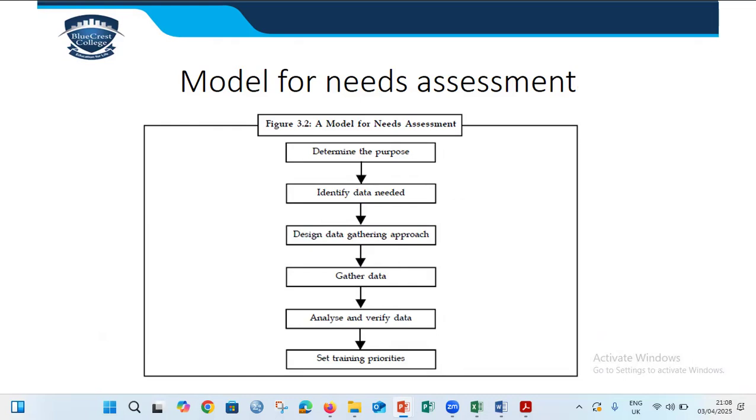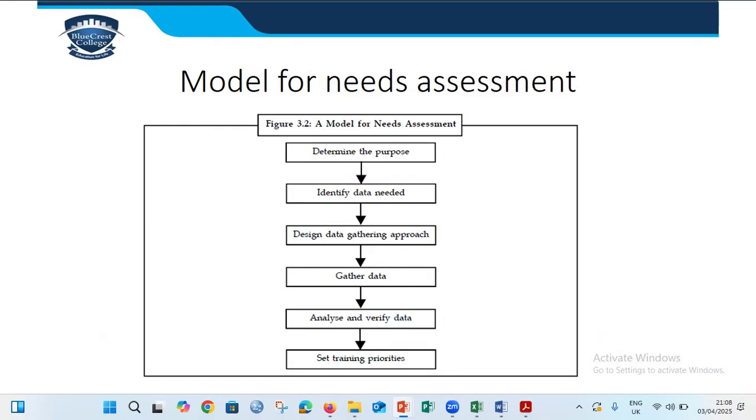The type of data that you need will help you to design the data gathering approach, so it will help you to put together the questionnaire or the interview guide or whichever tool you decide to employ.